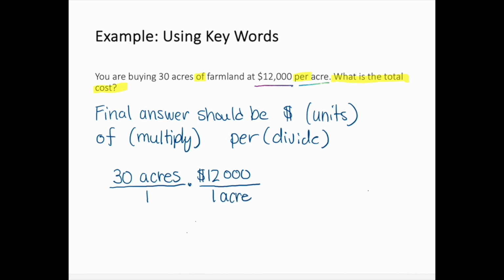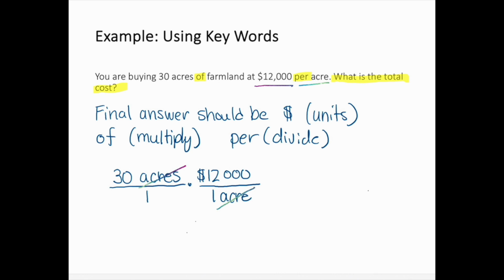Now, because of the way that I set this up, when we multiply fractions, we can divide out anything that is the same on the top and the bottom. So I have acres here, and I have acres here, so I can cross those off. So when I multiply across the top, the acres are gone.